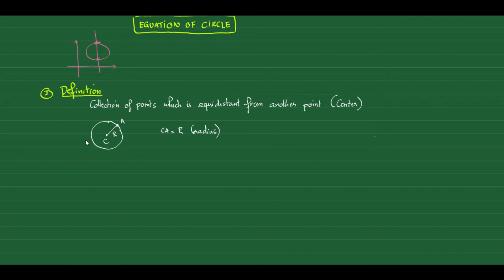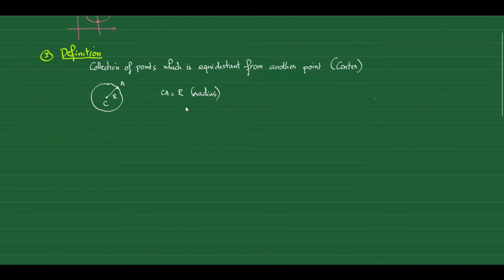The circle is a collection of points, and a point has two parts, right? X and Y. So if you have infinitely many points in terms of X and Y, then of course you have a circle. So basically that is the definition of the circle.